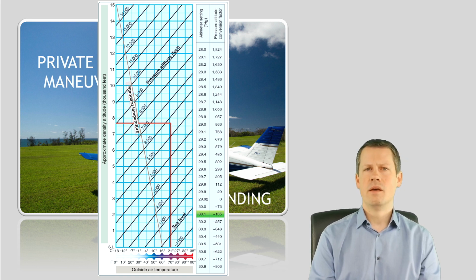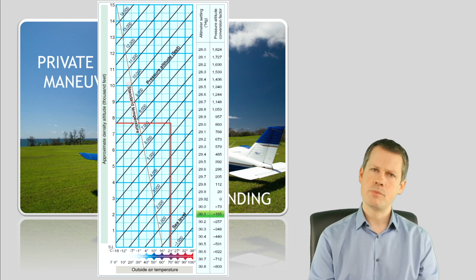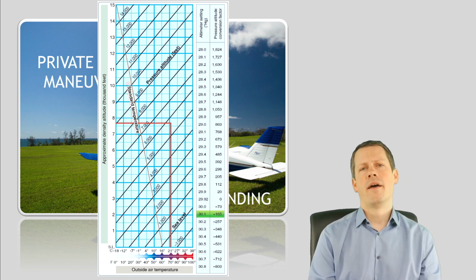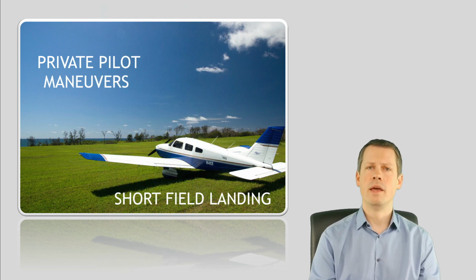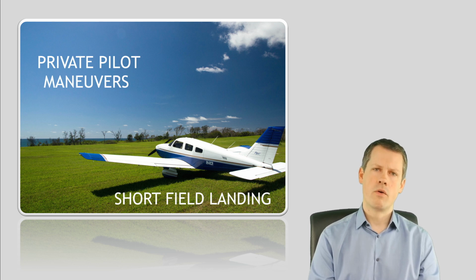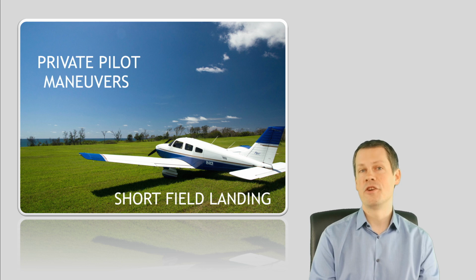If you have a high density altitude, then you will always fly at the same indicated airspeed, of course, but you will have a higher true airspeed then, and also higher ground speed. So you will come in faster, everything will be quicker, and there's much more energy to absorb during braking. So at high density altitudes, you will need more runway. Just keep that in mind, but your operating handbook should tell you so, actually.